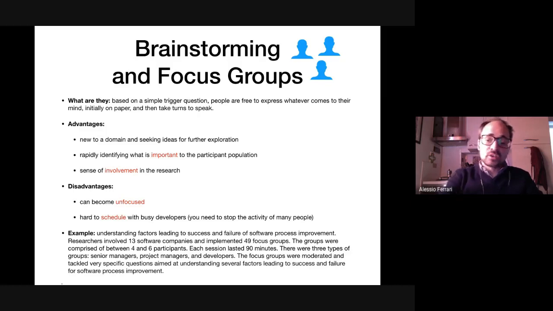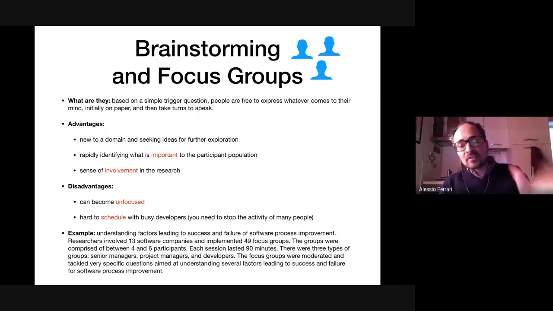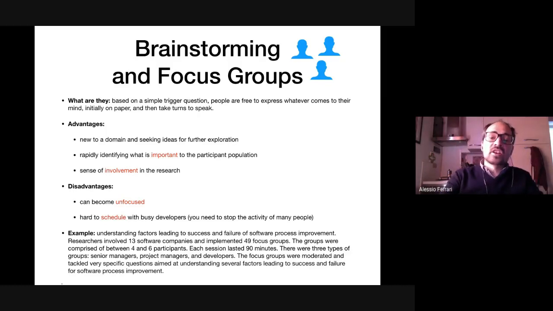Here you have an example of an actual study that was performed, in the slide. The goal was to understand the factors leading to success and failure of software process improvement. The researchers in this real study were involved in 13 companies, so quite a lot, and implemented 49 focus groups.